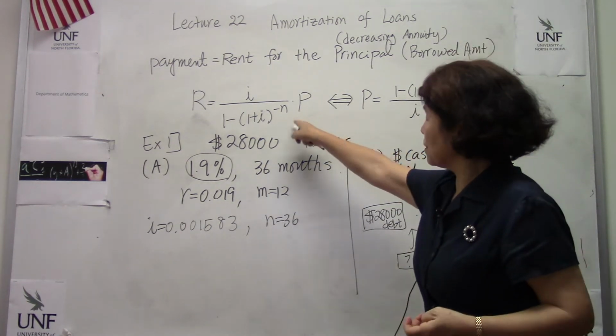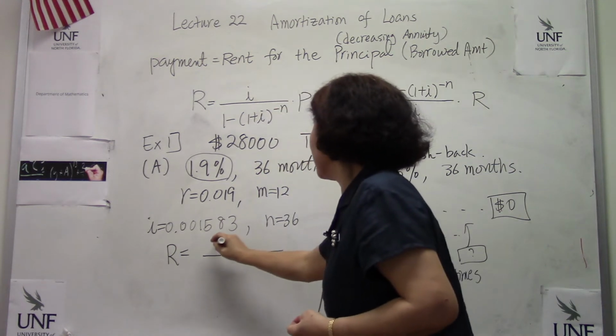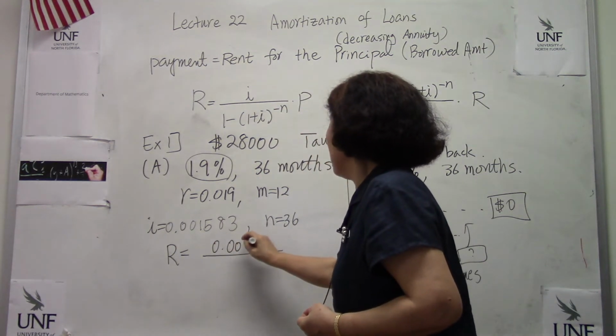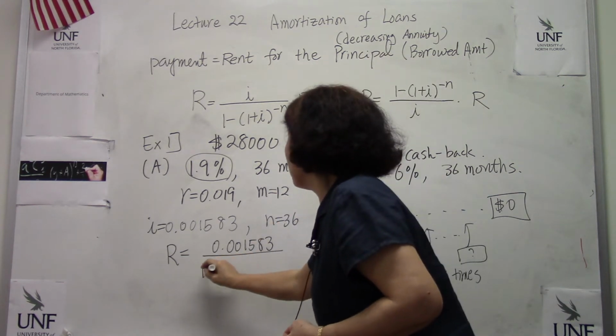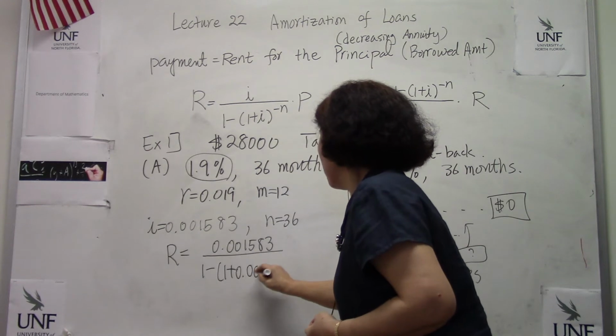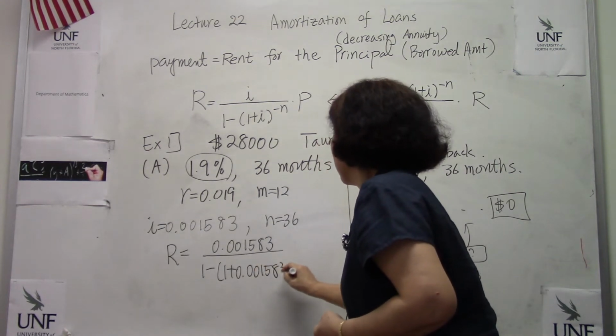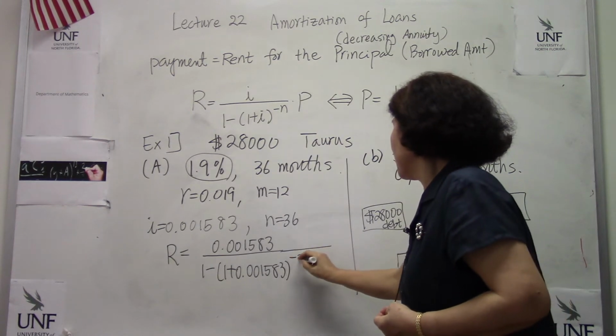Yes, we need the first formula, right? So R equals, I is 0.001583 over 1 minus 1 plus this 0.001583 to the negative N, negative 36.